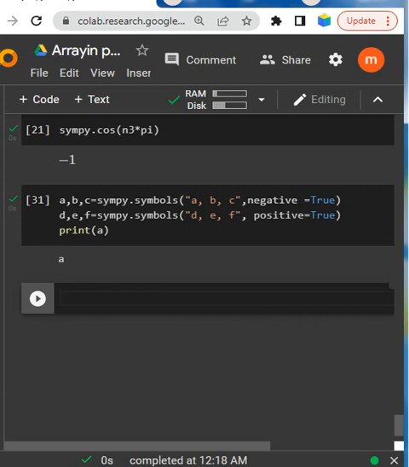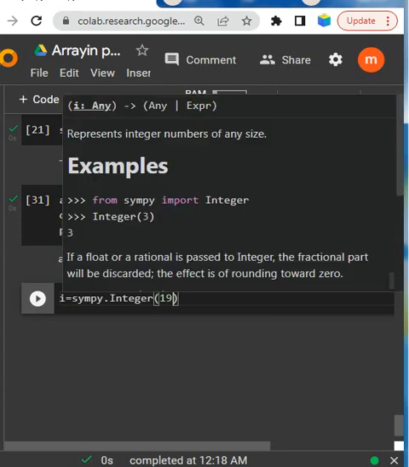Now let's see the integer and sympy.Float, and use their attributes to query their properties. I will equal to sympy.Integer, and write here 19, something like that.